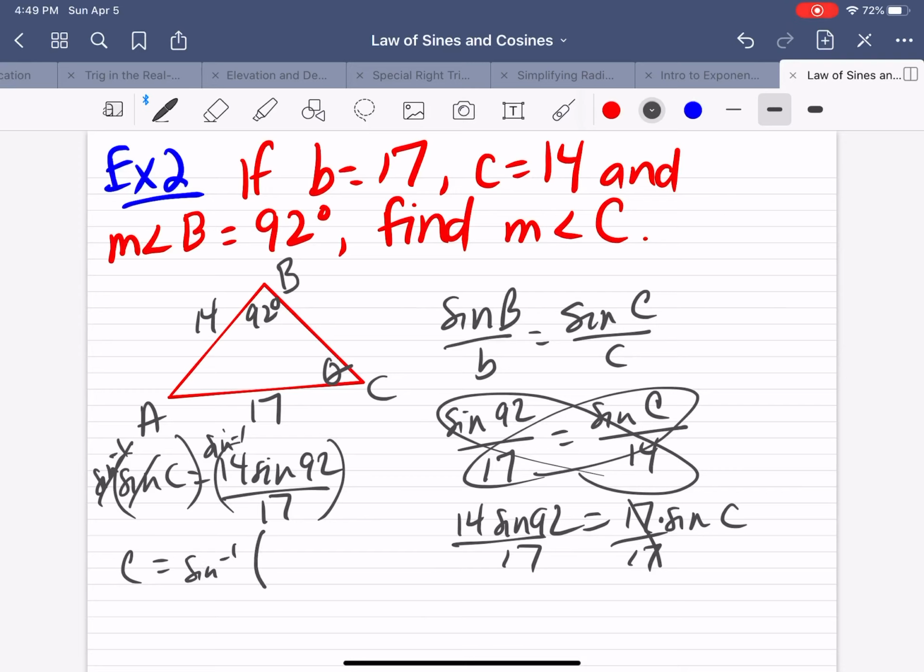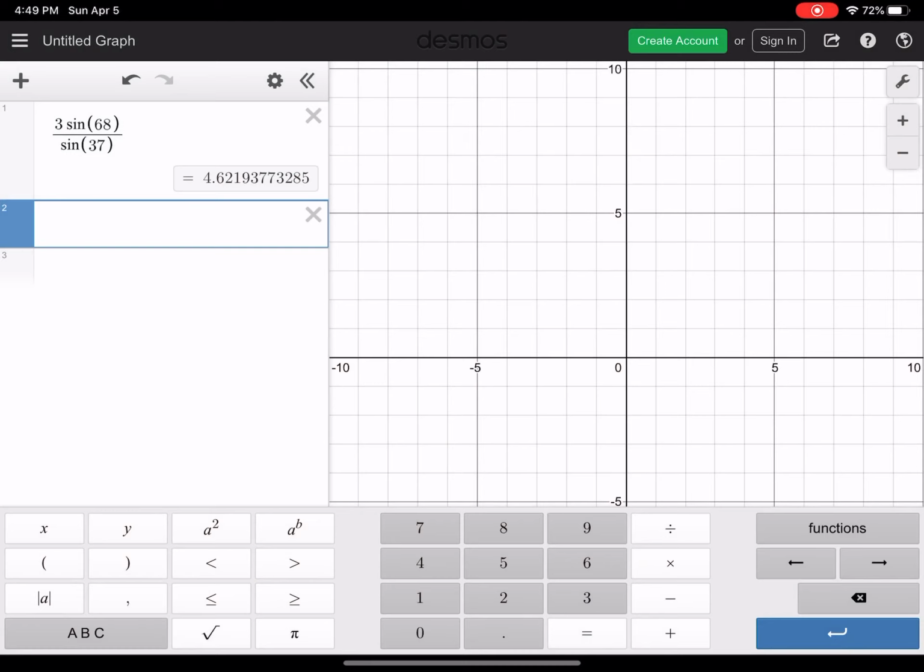So to get angle C, we have to do the inverse sine of 14 sine 92 over 17. So calculator, inverse sine, I'm going to need a fraction.